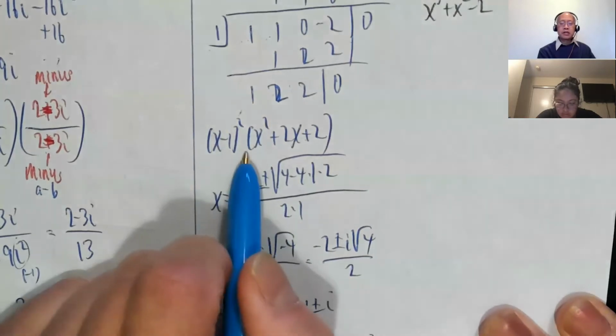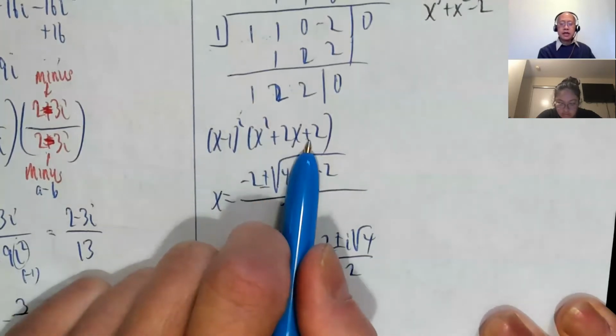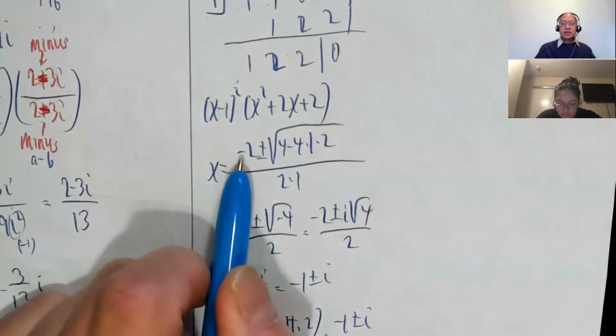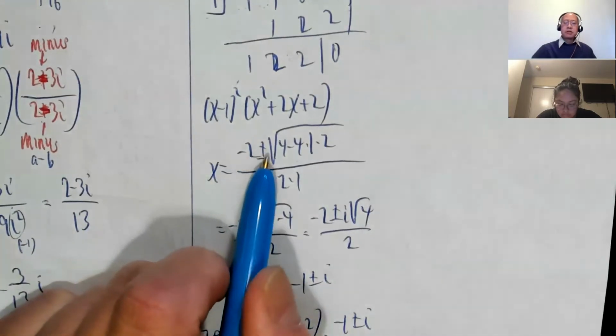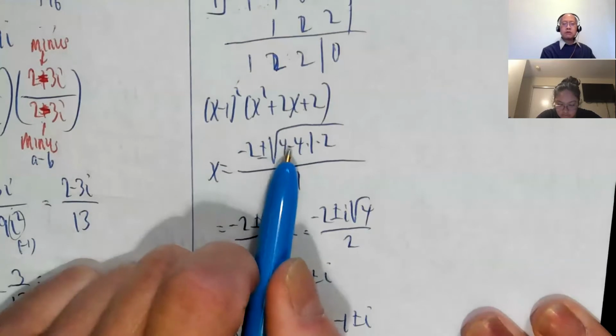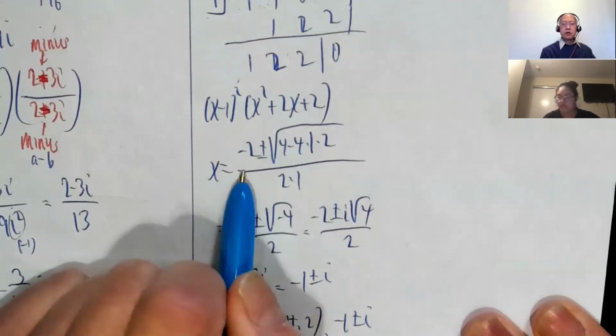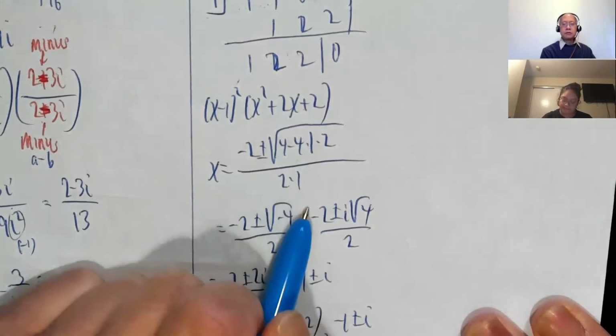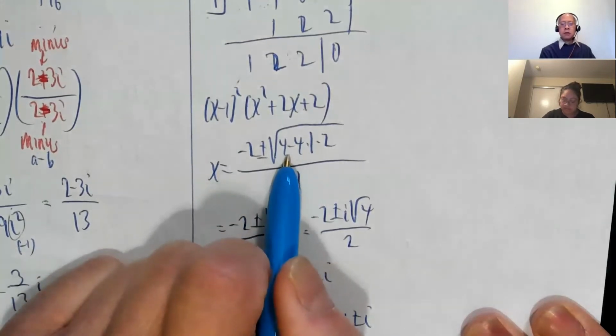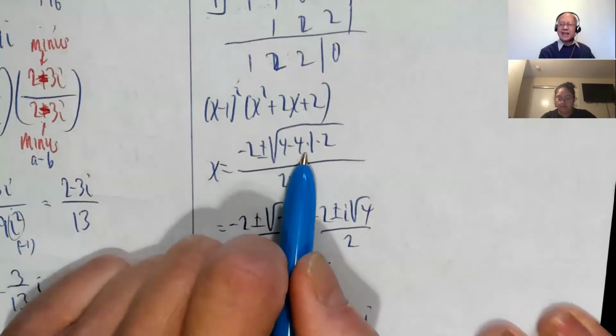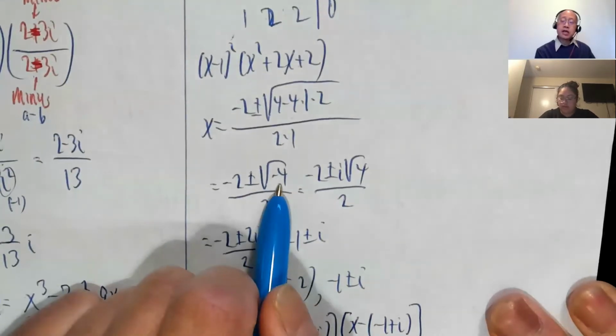All right, so a is 1, b is 2, c is 2. x is negative b, negative 2, plus or minus the square root of b squared, 4, minus 4 times a, which is 1, times c, which is 2, over 2 times 1. So this is going to be 4 minus 8, which is a negative 4. So that tells me I'm going to have complex solutions, right?